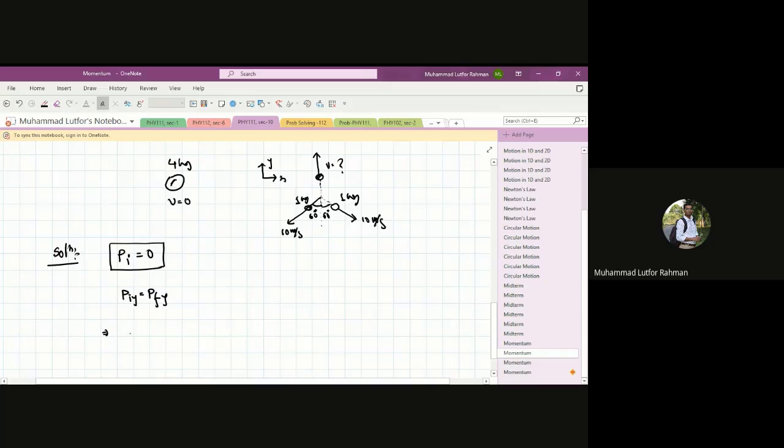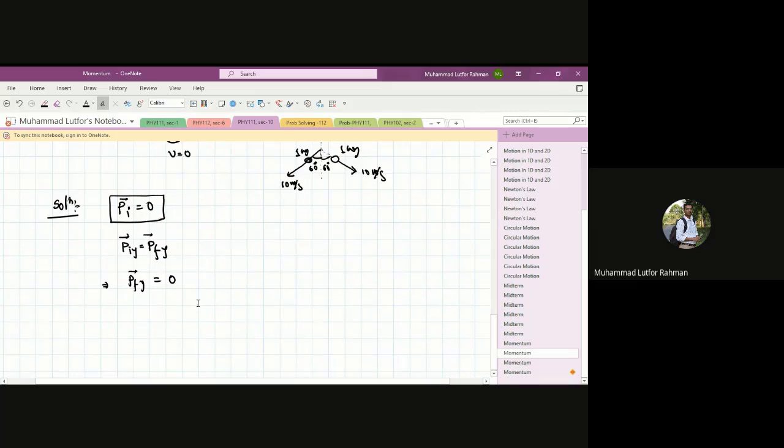Piy is 0, so I can say that Pfy must be equal to 0, since the total initial momentum of the system is 0. Then I'm writing the momentum of this system.